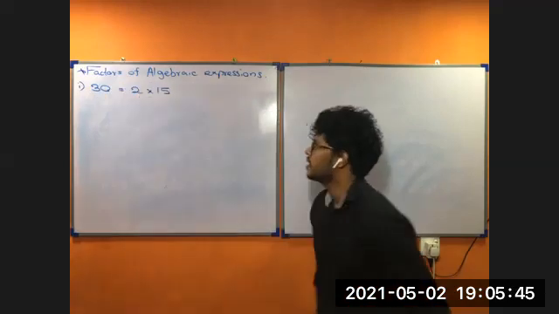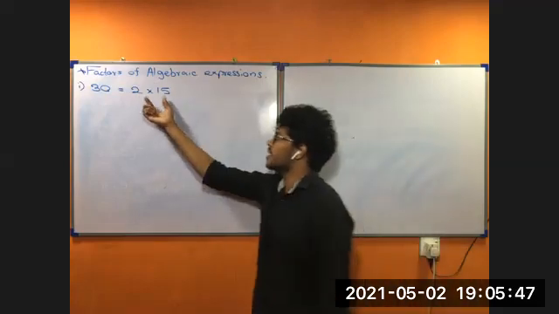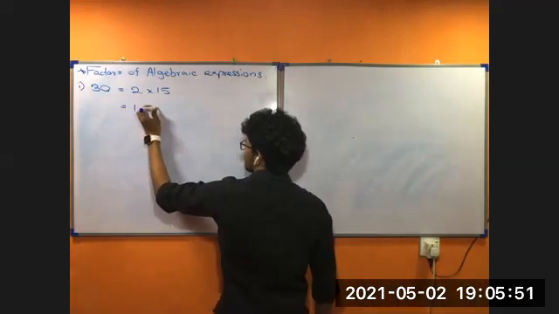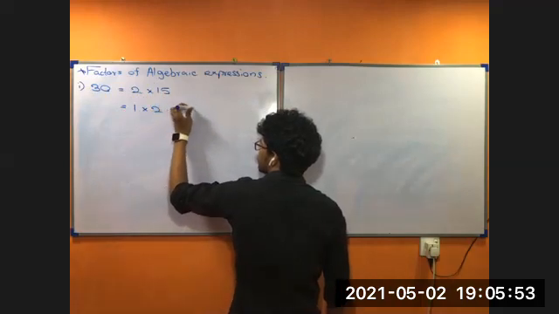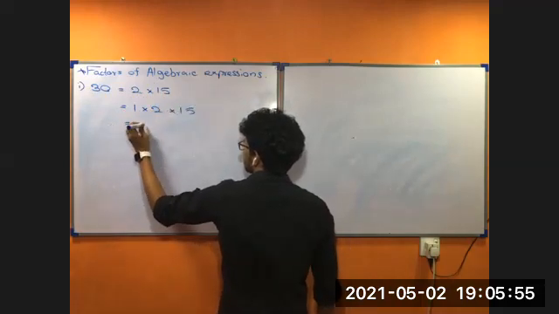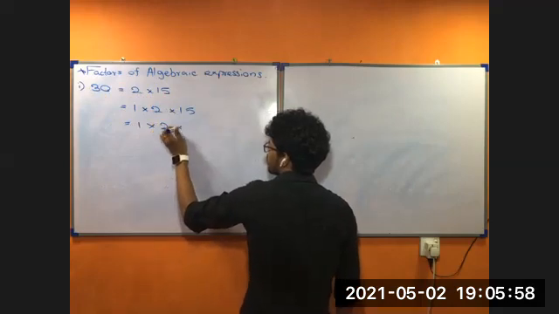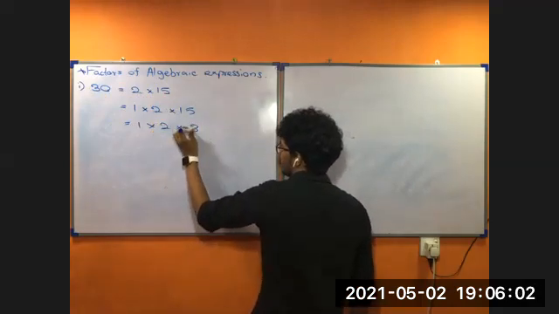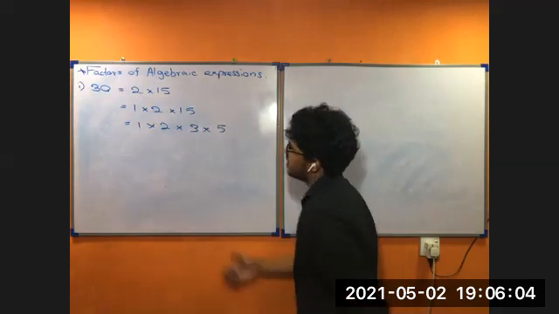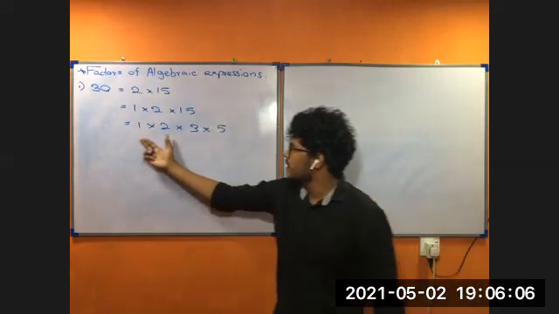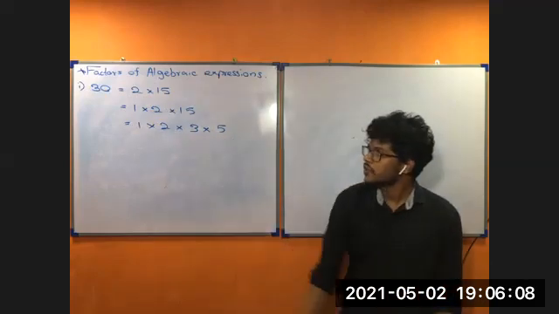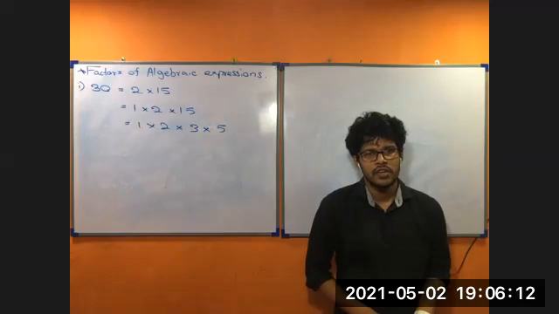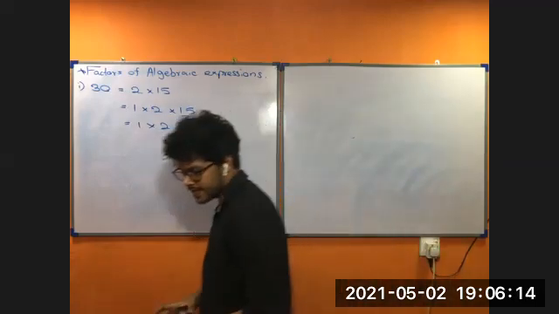Then 2 you cannot break anymore. Then 15, you can write 3 times 5. Then I don't think you can break anywhere again, right? So the factors of 30 are 2, 3, and 5, right? So this is called the factors.